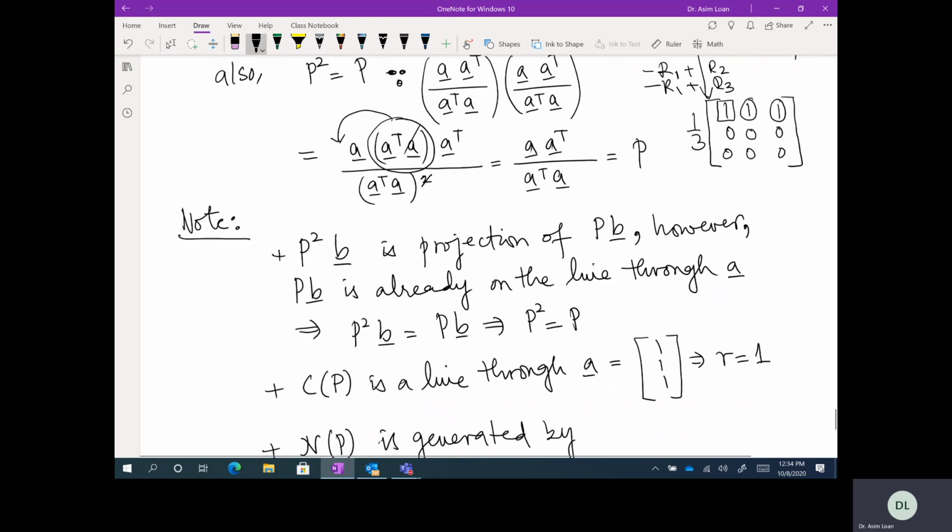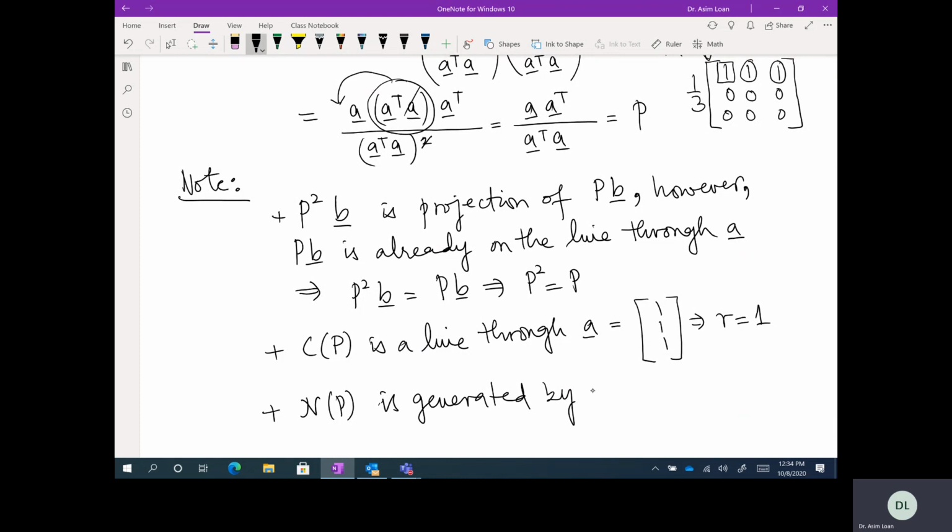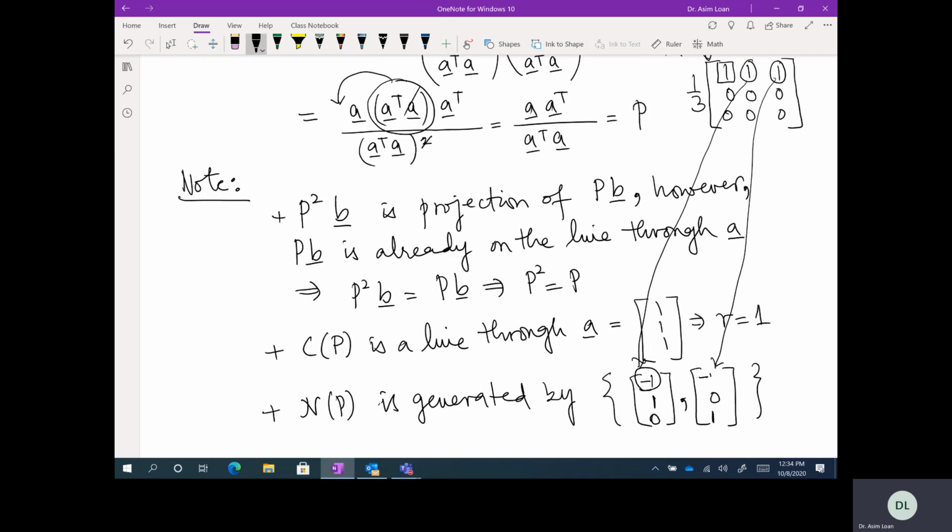And what happens is, when I say generated by, this is two free variables. So two free variables means one here, 0 here, 0 here, 1 here. This one comes here, this becomes a -1. This one comes here, this becomes a -1.